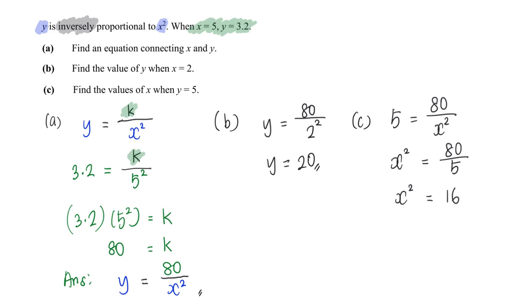And in this case, since we do not know what x represents, for this particular question, my x can be either a square root of 16 or a negative square root of 16, either positive or negative. And so the final answer is either 4 or negative 4.